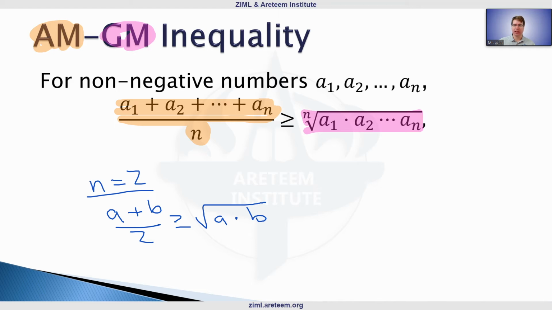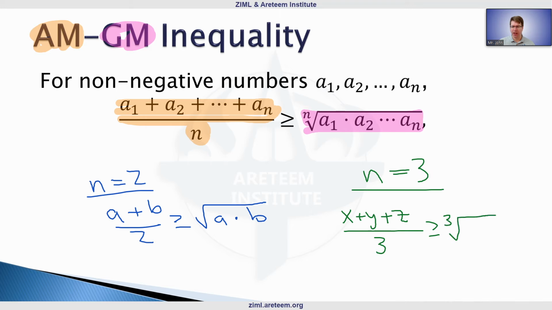And a little bit of a hint for something that I'm going to ask you to do later, we could also do this for three numbers here as well. So just so we have different numbers, maybe let me use x, y, z. So (x plus y plus z), now we divide by 3. This is greater than or equal to the cube root of their product x, y, z. So that would be what this says for three numbers in that case.